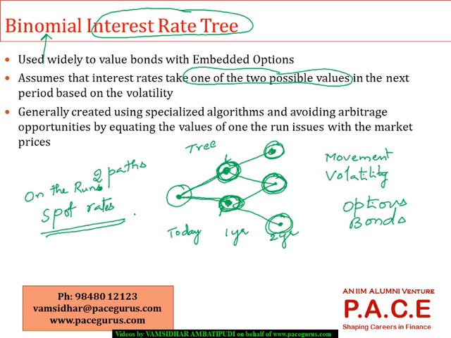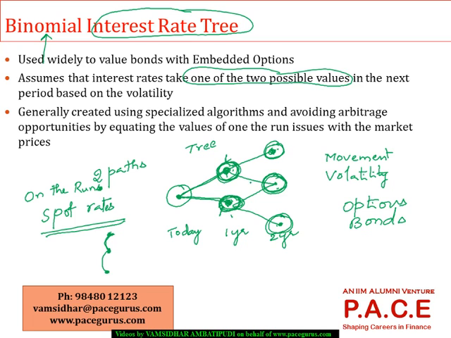Based on the spot rates I can compute the forward rates for each of the periods. If I compute the forward rate, I will get only one value, but I will use the volatility concept to decide that it can either come here or come here. Based on the forward rate and the volatility built into it, I'll create the two possible paths.